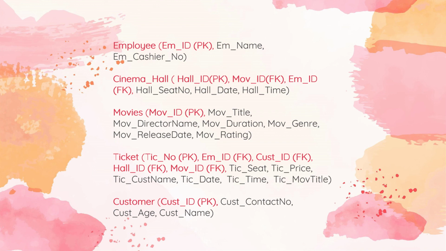And then we also have the attributes of seats, price, customer name, date, time, and movie title. Last but not least, we have the customer entity, which has the primary key of customer ID. And then we have the customer's contact number, age, and name.